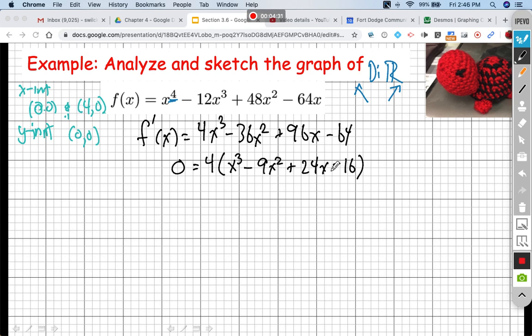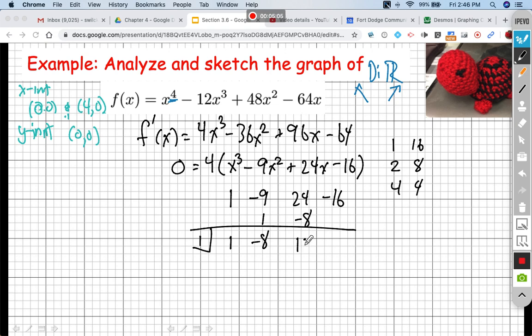So again, we need to go back to synthetic division and guess and check. Possible factors are 1 and 16, 2 and 8, 4 and 4, and they can be plus or minus. So we start guessing. This is the horrible part. But this one, I'm going to start with my 1. 1, negative 8, 16, and 0.